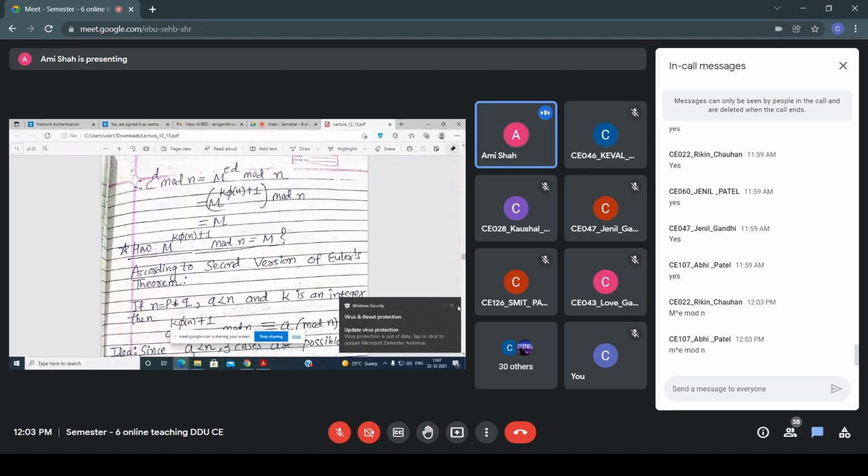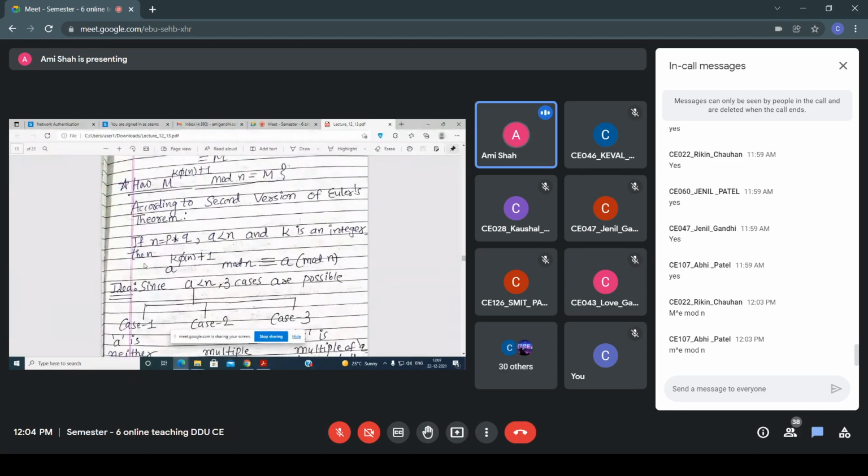According to the second version of Euler's theorem, if n equals p into q, a is less than n, and k is an integer, then I can write a raised to k phi n plus 1 mod n congruent to a mod n. This is the equation according to Euler's theorem.